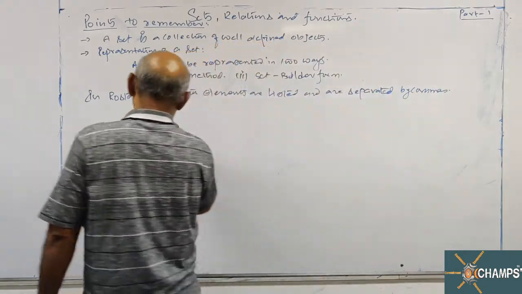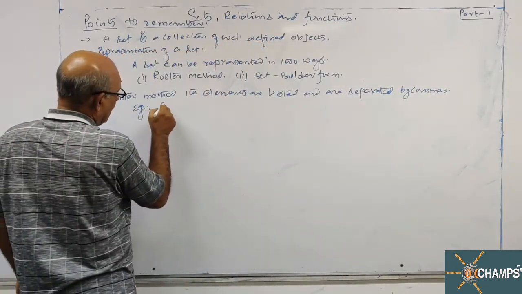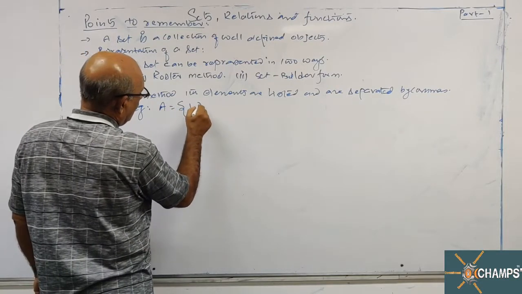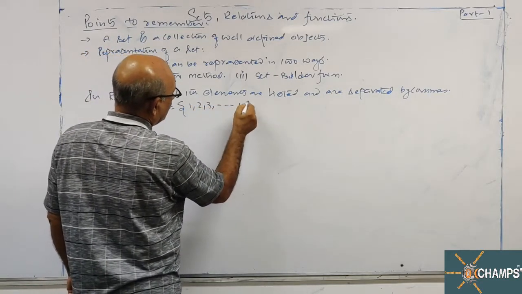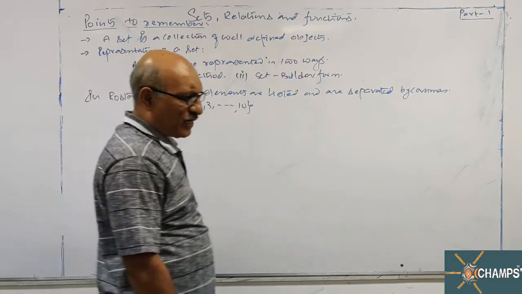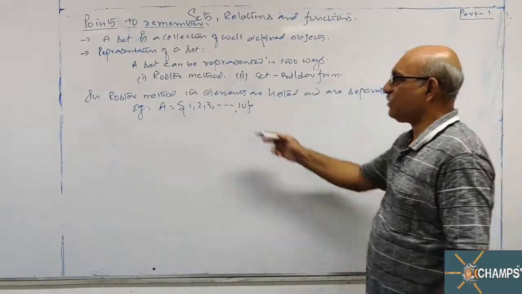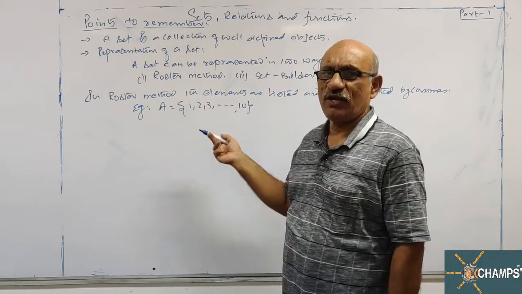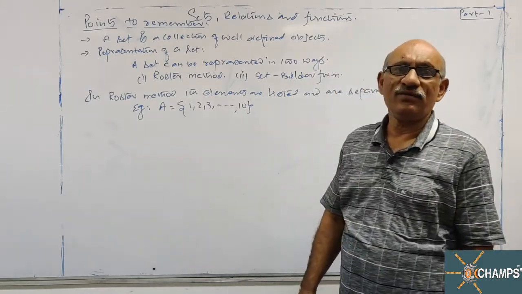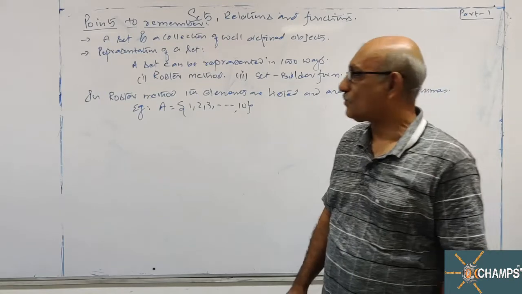For example, A is equal to 1, 2, 3, etc. 10. These are the 10 natural numbers we have. These 10 natural numbers are listed. Listed means you are representing them 1, 2, 3, 4, etc. And the elements are separated by commas.